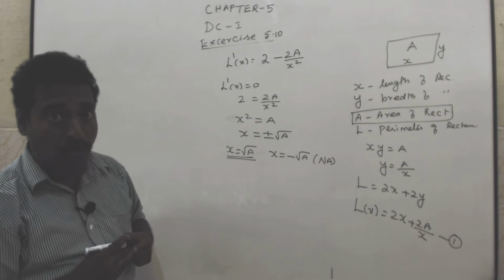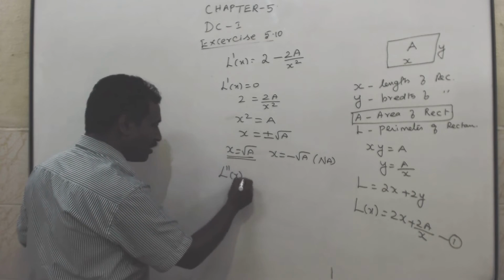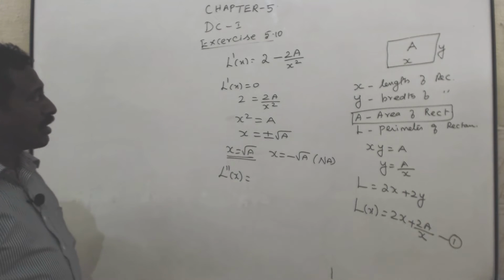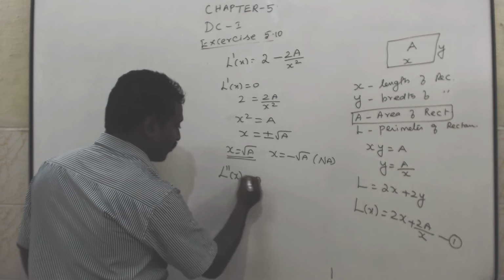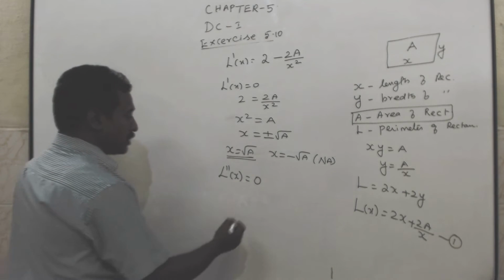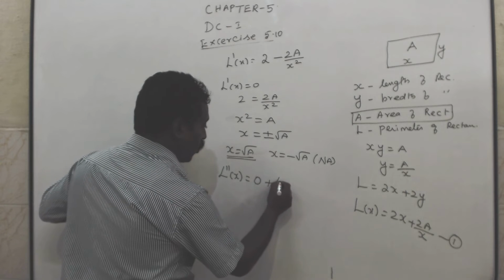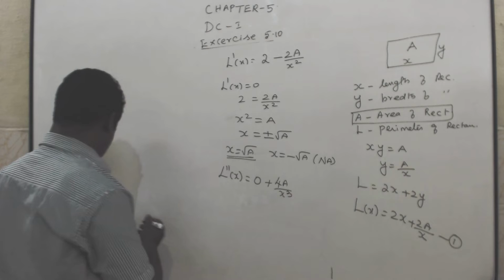Next, what we have to do? Find the second derivative. Differentiation of 2 is 0. Then 2 into minus 2a gives 4a by x cube.